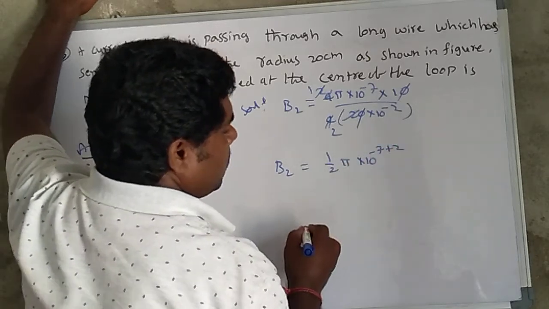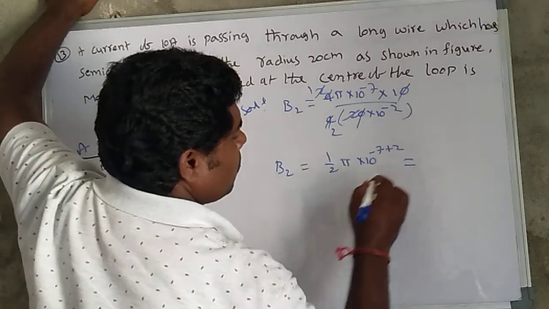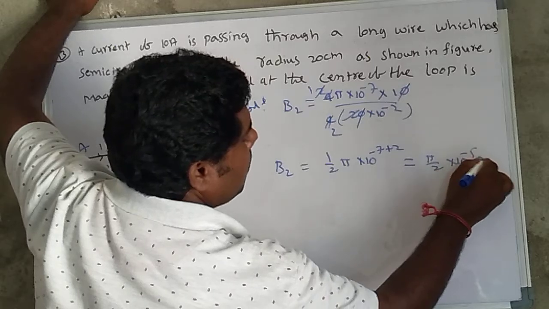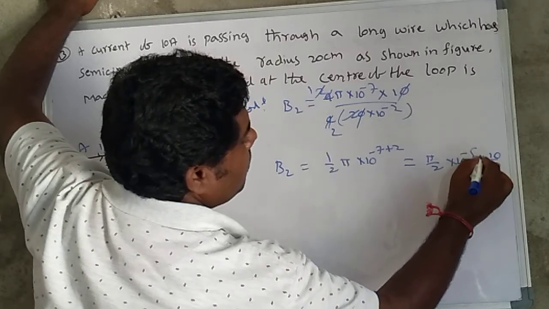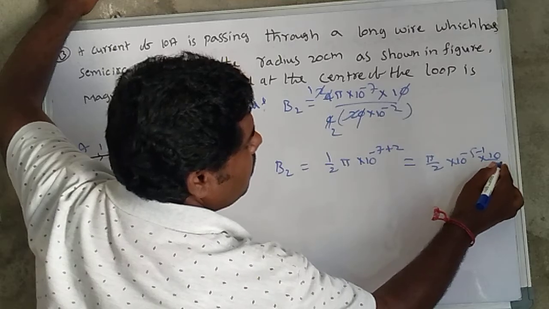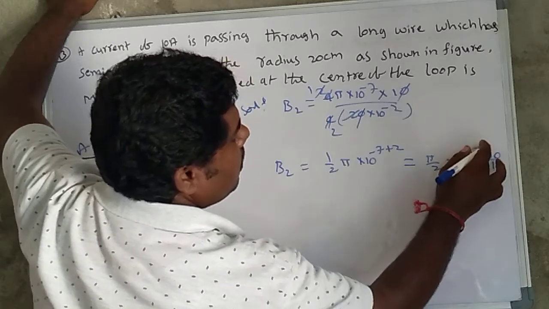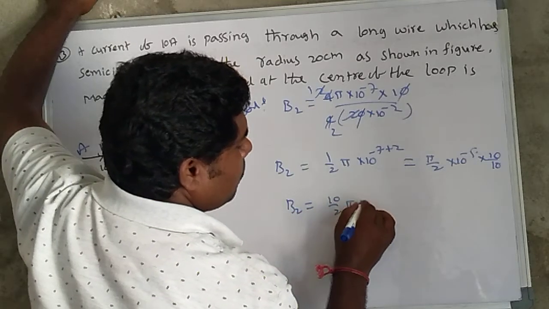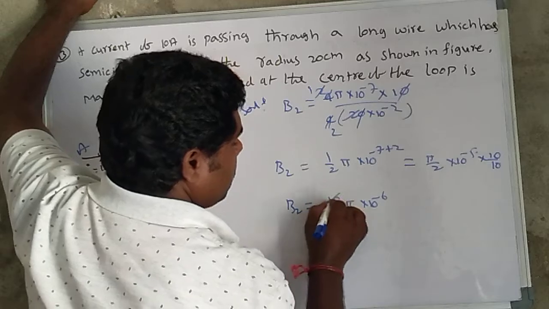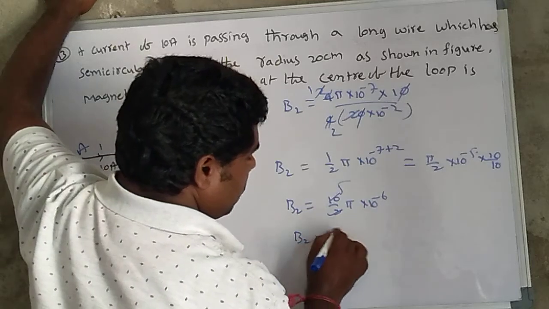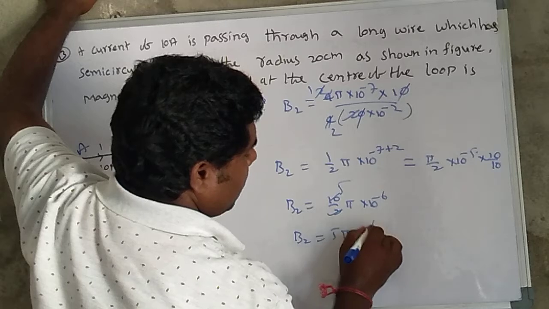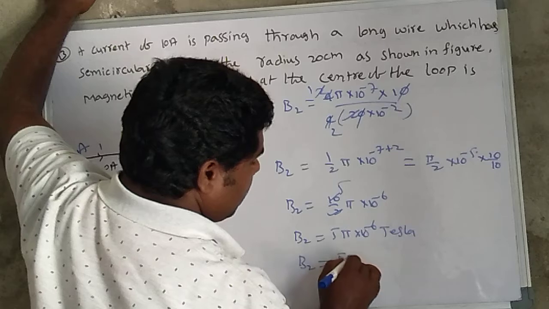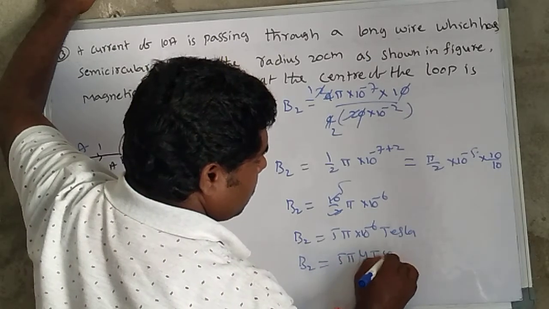So nearly the value is pi divided by 2 into 10 to the power minus 5, multiplied by 10 divided by 10, it means minus 1. So B2 is equal to 10 by 2 pi into 10 to the power minus 6, this is a 5. So B2 is equal to 5 pi into 10 to the power minus 6 Tesla. That is, B2 is equal to 5 pi micro Tesla.